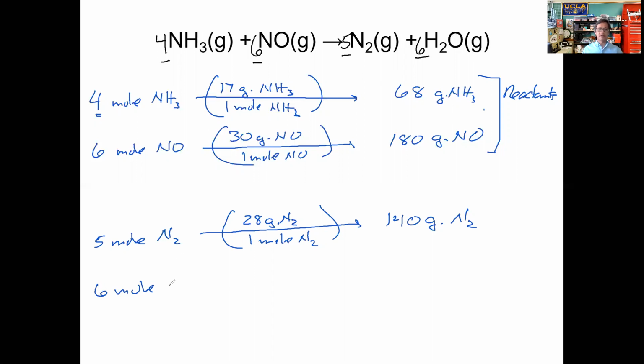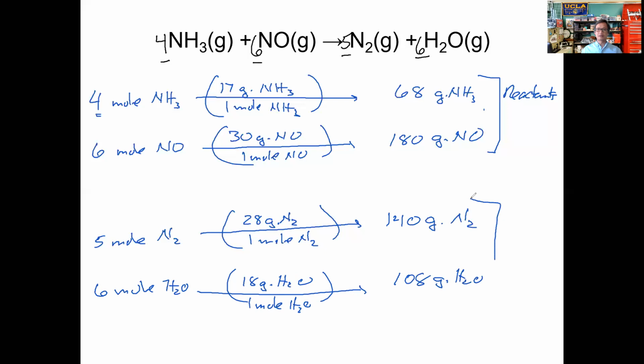So let's go ahead and find out the mass that's equivalent to this. We have grams of water, and the molar mass is going to be 18 grams for every 1 mole of water. We plug that in, and we get 108 grams here. So those are the masses of all the products.